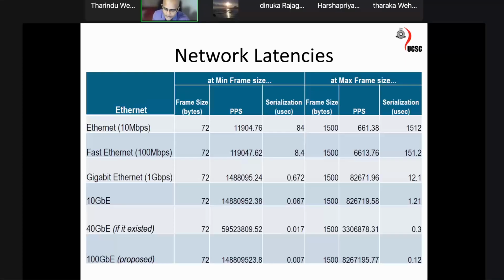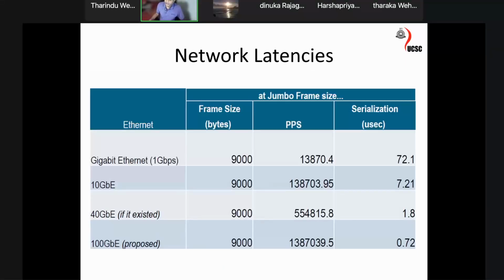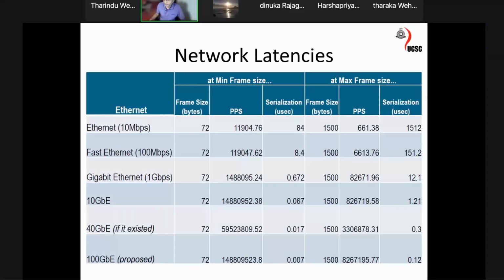So it is important to understand that increasing the bandwidth is not only giving more room and space for the applications, but also reducing the latency for latency-critical applications. And for the jumbo frames, which are more than 9,000 bytes, these are the numbers. Some modern-day data center applications use jumbo frames. I previously mentioned the smallest size and the maximum MTU frame size of 1500, and now the jumbo frames.